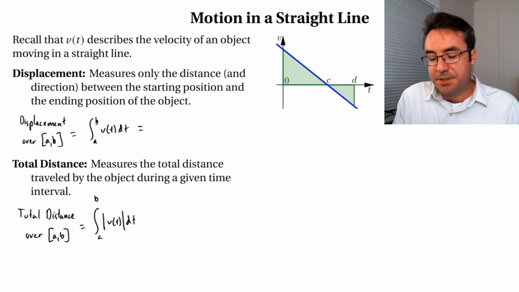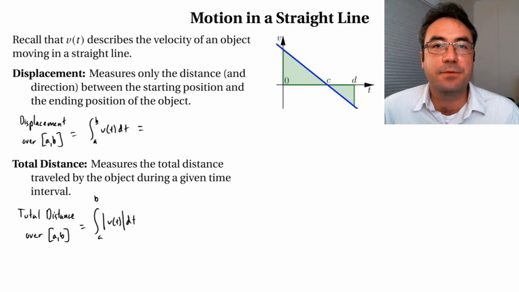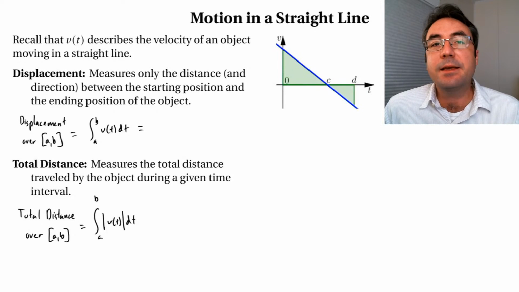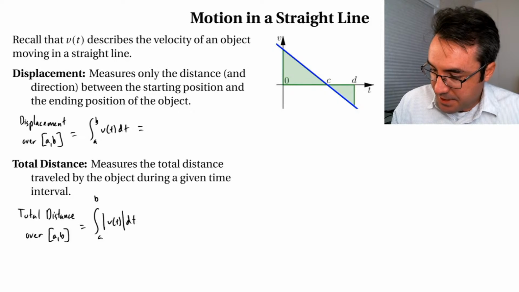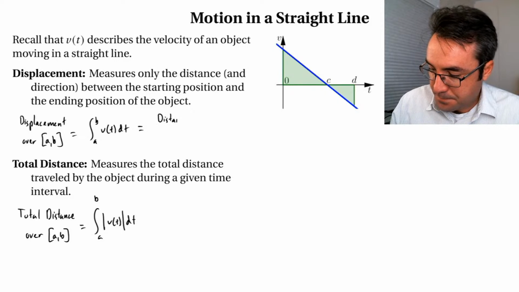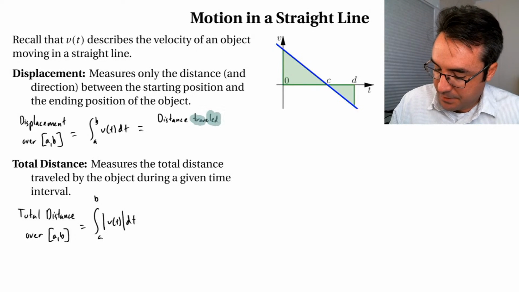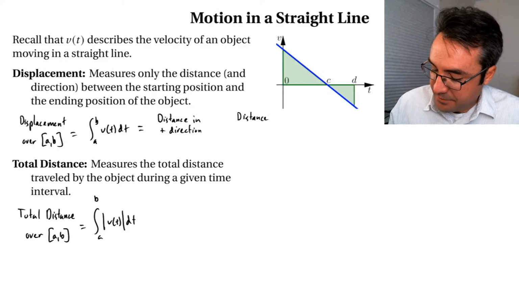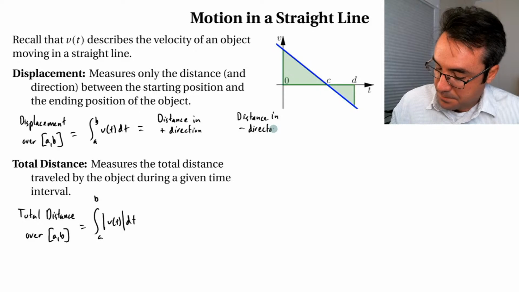When we calculate displacement, when we calculate the integral from a to b of our velocity function, the way we can think of this is it's the distance traveled in the positive direction, and let me shorten that up, it's distance in the positive direction, and it's the distance in the negative direction, and we subtract.